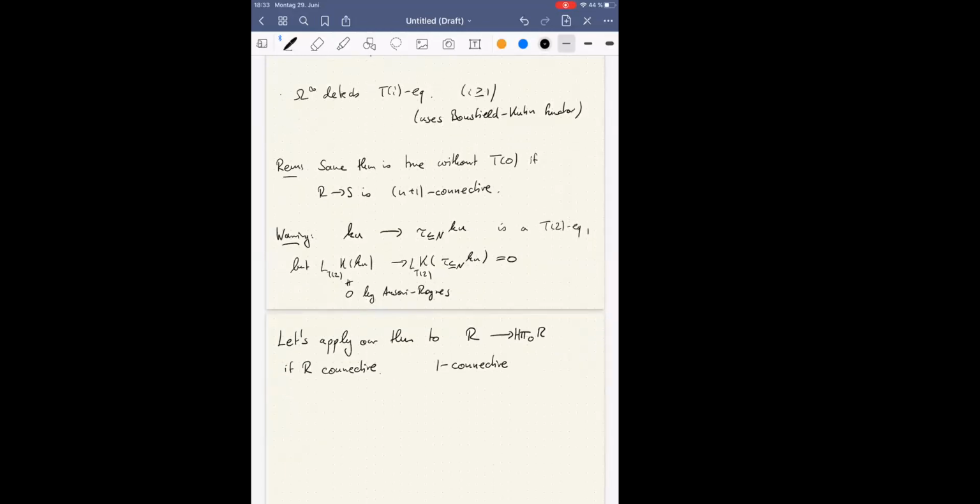So what we obtain from this is the following: K1 local K theory is truncating.